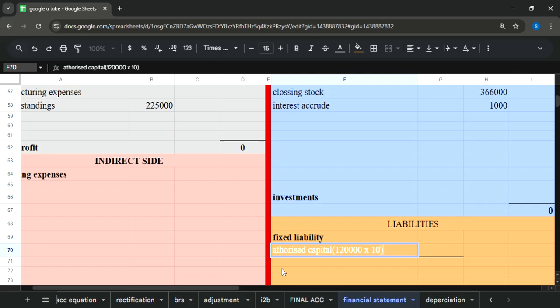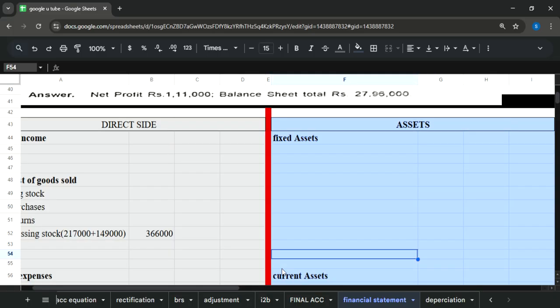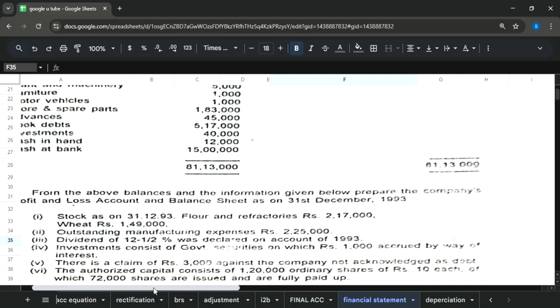We will multiply it. Finally, what we are going to do, 120,000 was number of shares, and you will multiply it with 10 to get our authorized capital.